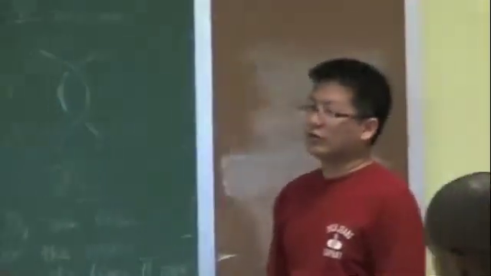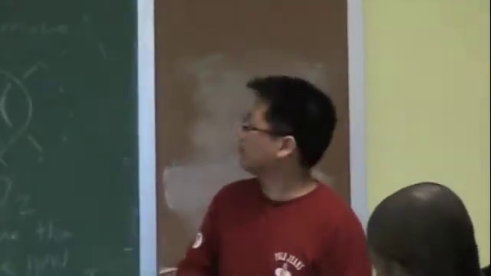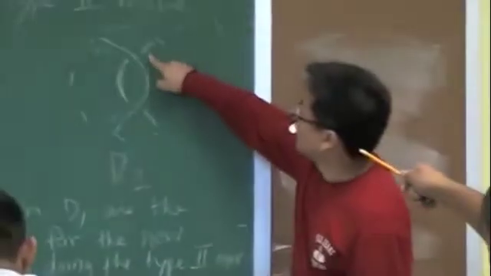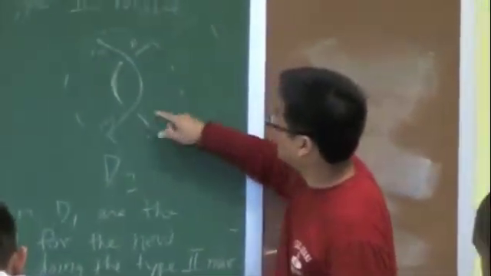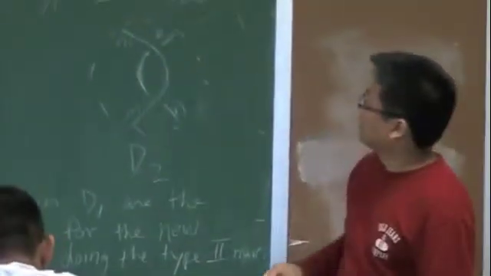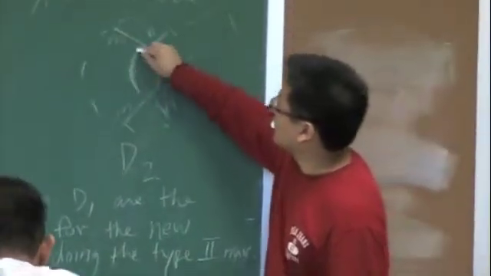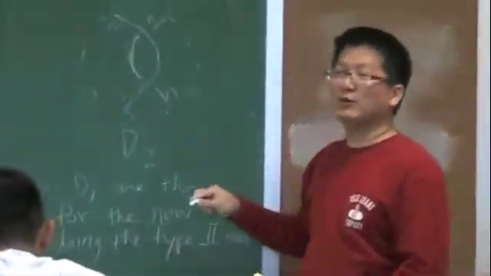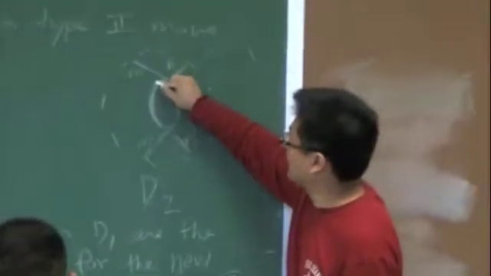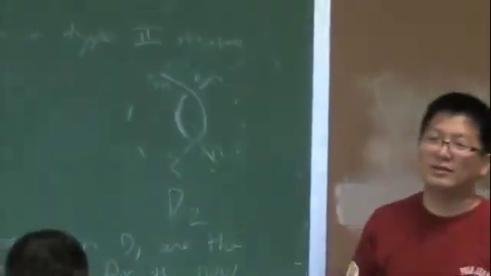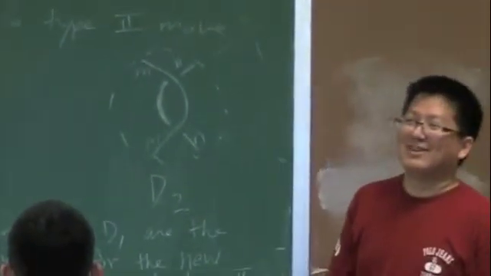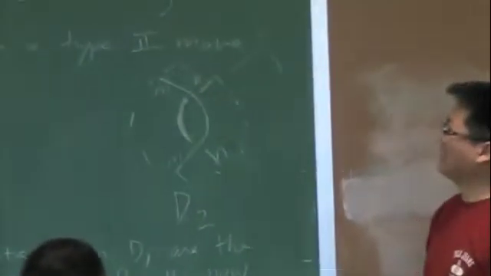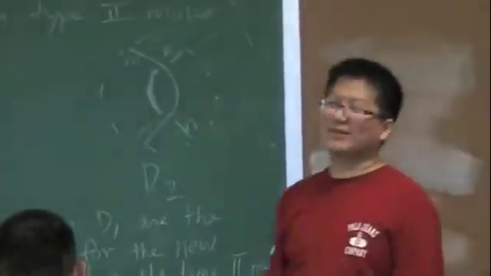I'll put it near each crossing so it's easier to see. So this coming in is N, this coming in is N. So what does this have to be then? Any letter, right. We should pick a different letter though.